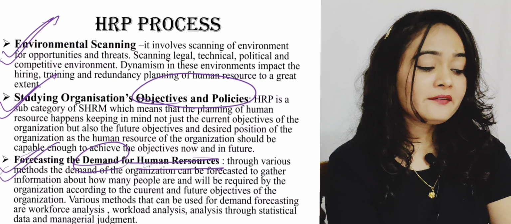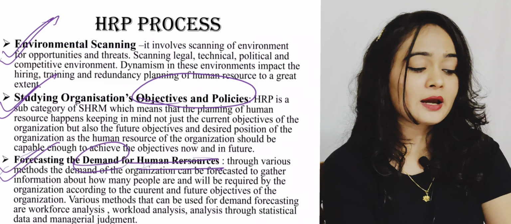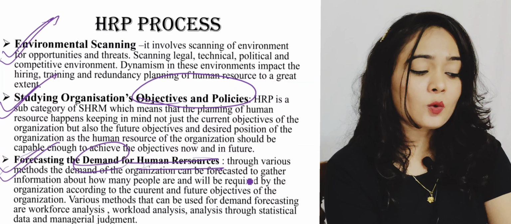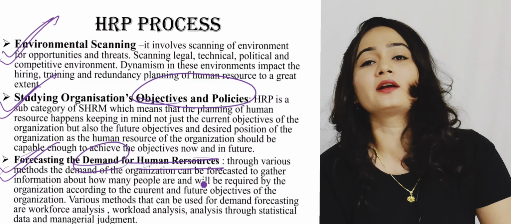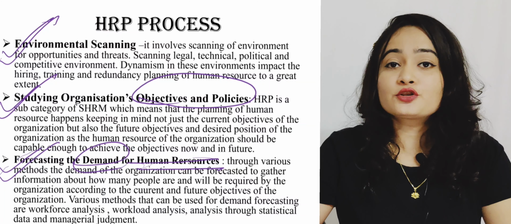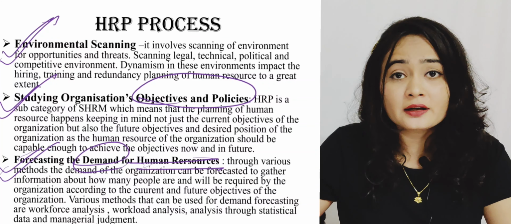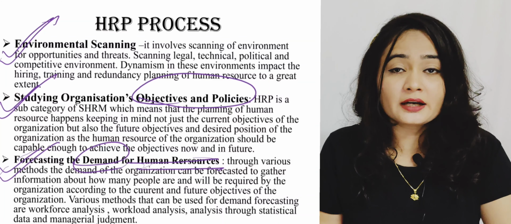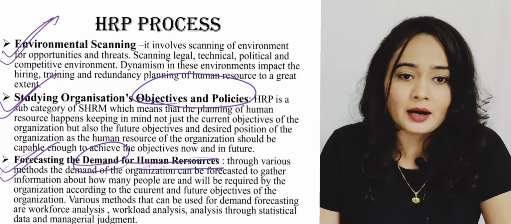So, through various methods, the demand of the organization can be forecasted to gather information about how many people are and will be required by the organization according to the current and future objectives. So, to successfully achieve a future objective, how many people will be required? We have to forecast the demand.